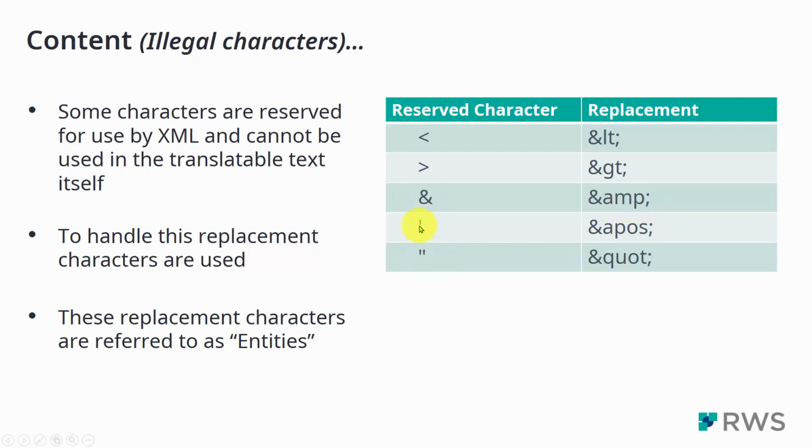A straight quote, single quote, or apostrophe, so APOS for apostrophe, and a double quote, QUOT for quotes. And note these are straight quotes, not curly quotes. So if you wanted to use any of these, you would have to replace them with these entities, which quite often you'll see within a file. And if you wonder what they were, that's why they're there.